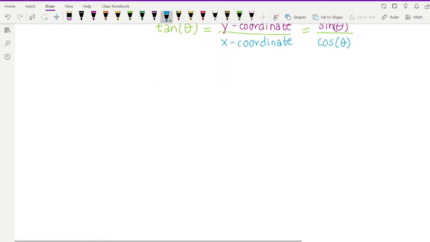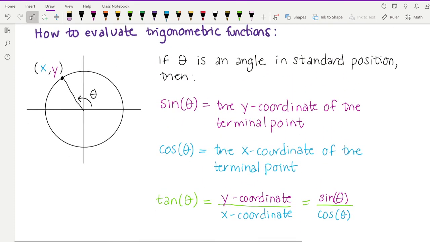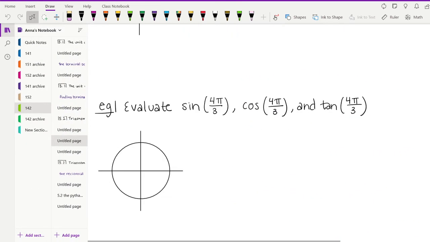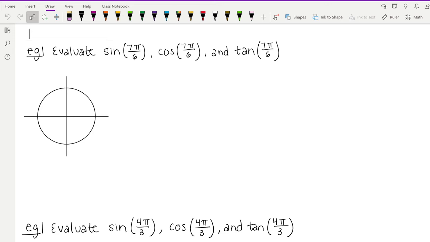Okay, so let's get into an example so you can see how this actually works in practice. The first thing we need to do is sketch an angle of 7 pi over 6. We need to figure out where that angle lives on the unit circle. So 7 pi over 6 is 7 times pi over 6. We can count out: this would be 1 pi over 6, 2, 3, 4, 5, and this would be 6 pi over 6.